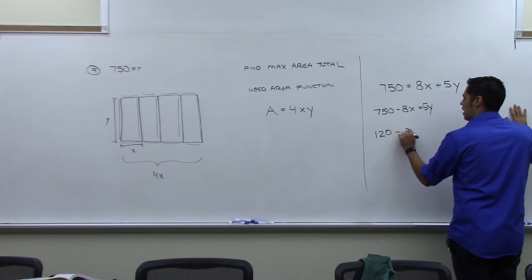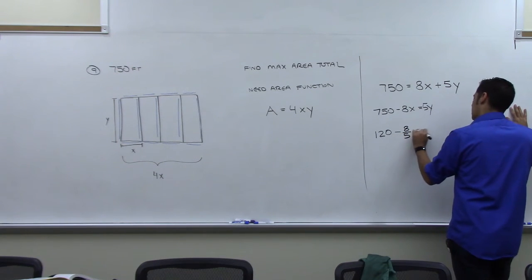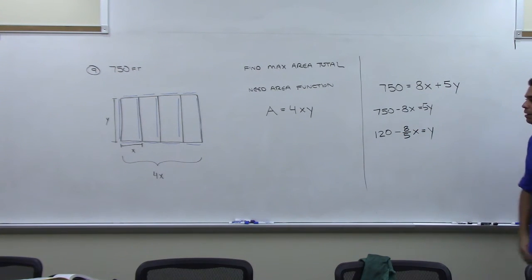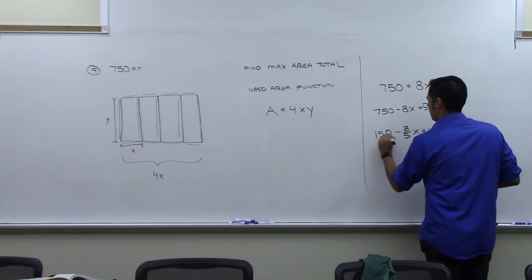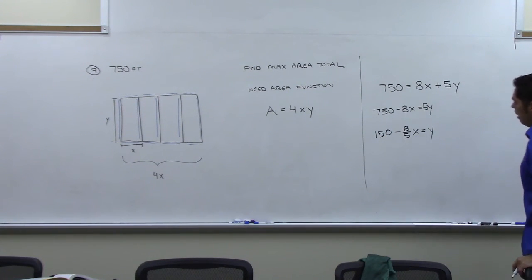And then minus 8/5 x equals y. All right, is my microphone back on? My simple arithmetic is just, my brain is shut down. I think I'm ready for the break. 150. Damn, Robert.